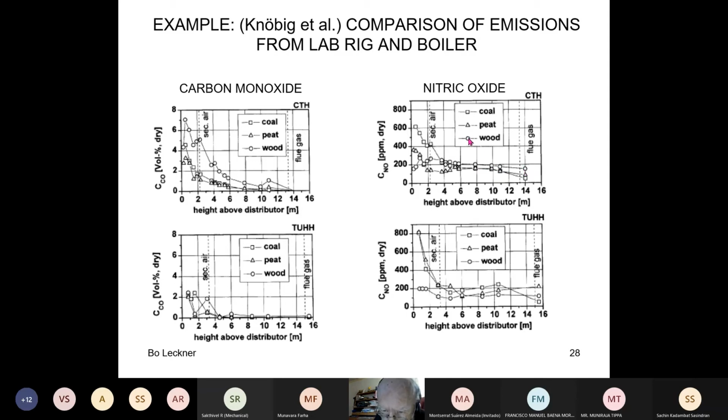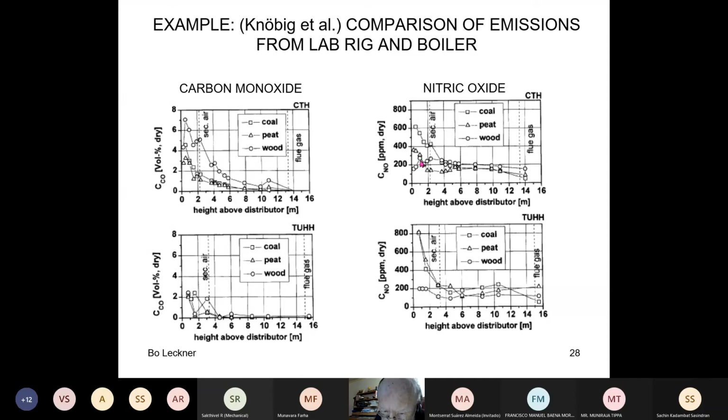If we have wood, we have much less nitrogen in the wood, so the initial concentration will be much less here, but there's less reduction in the furnace because the char inventory is less, and the char inventory is what is reducing the nitrogen oxide.